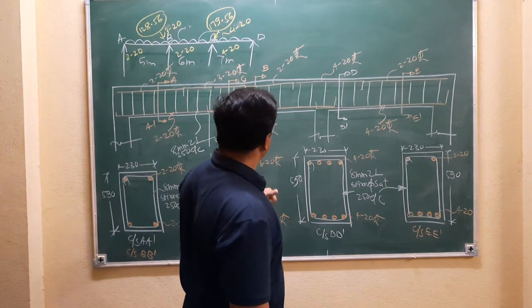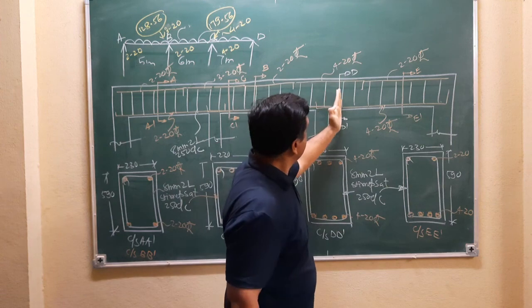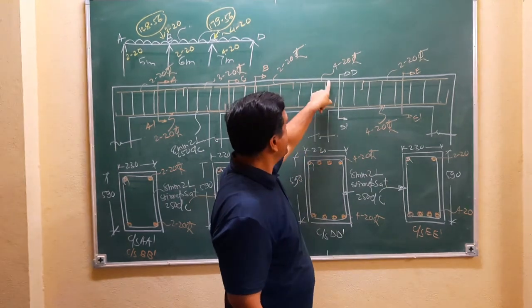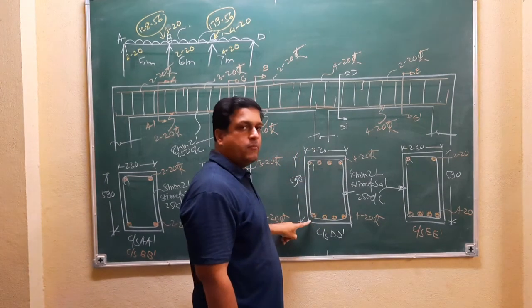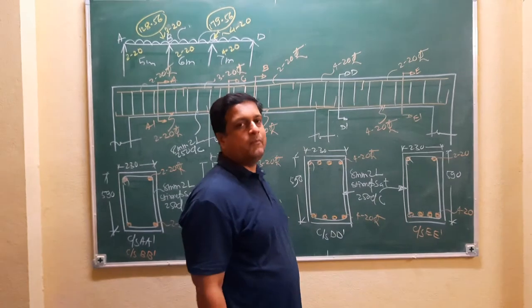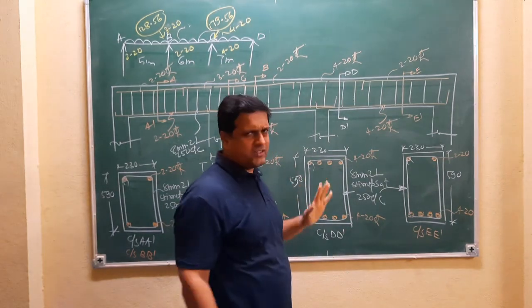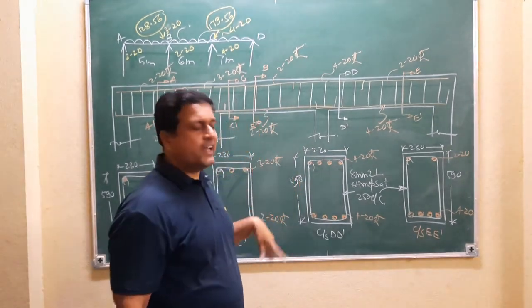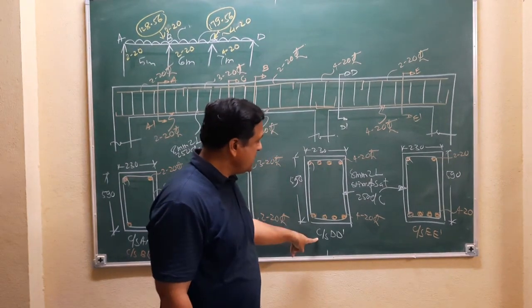Now if you want to cut the beam just right of this C, you get some different picture. That is 4 bars of 20 mm diameter at top and 4 bars of 20 mm diameter at bottom, and stirrups are 8 mm diameter, 2-legged, 250 mm center to center. Okay, the stirrups are same throughout the section. Width and depth is same, and considering the rectangular section. This picture is at cross section DD dash.